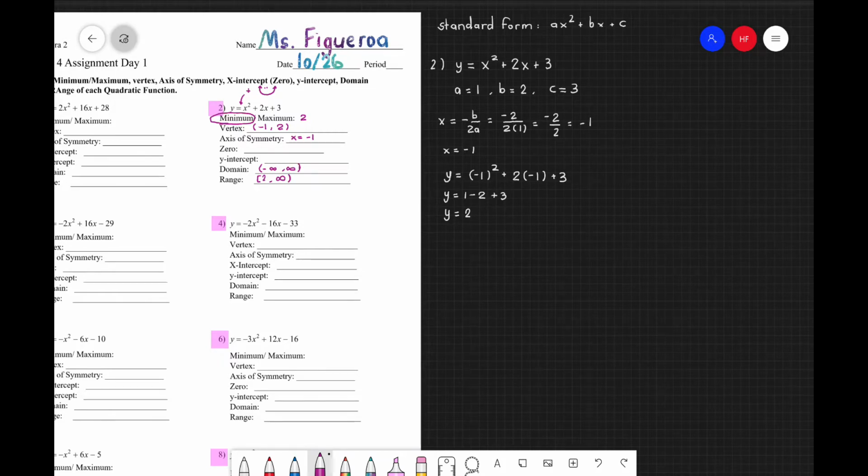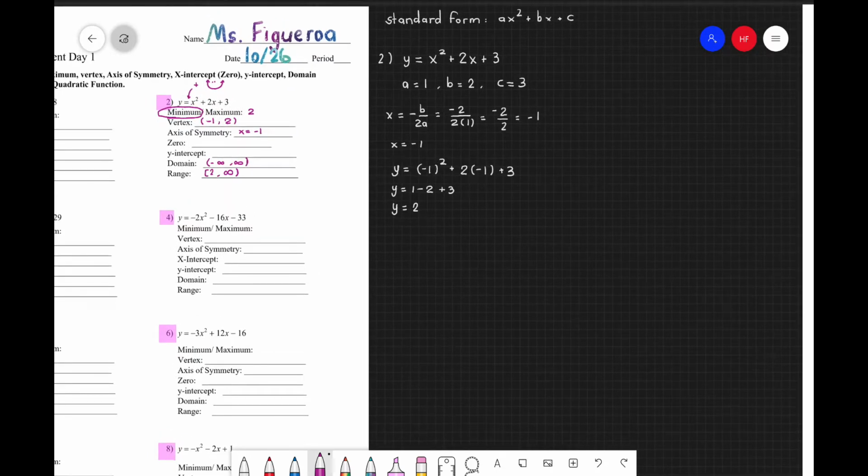So back over to this left side. To find my zeros and y-intercept, first I'm going to find my y-intercept. I'm going to plug in a 0.